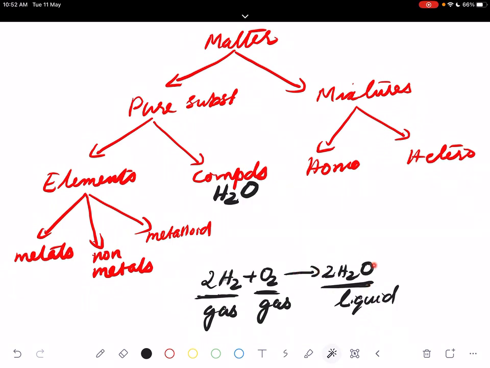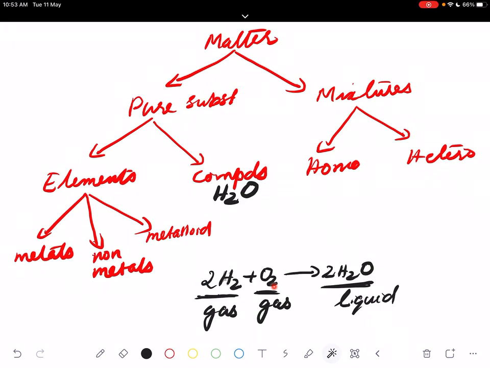Now this compound, water, is represented by the chemical formula H2O. In it, two elements, hydrogen and oxygen, are present in the ratio 2 is to 1 if you take the ratio by number.